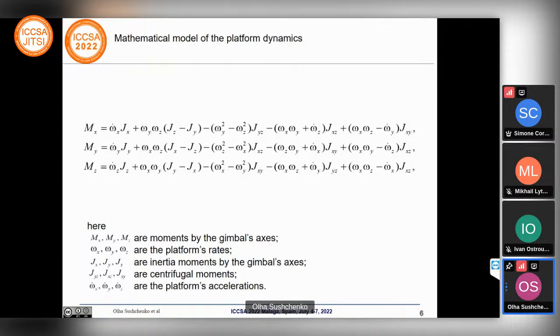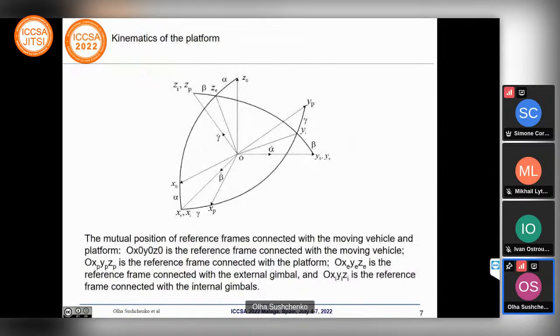If we have a platform in the contour of our system, of course, it's necessary to take into consideration not only its dynamics, but its kinematics also. It's a very important point for such research. And now you can see the way of representation of the kinematics of the initial platform.